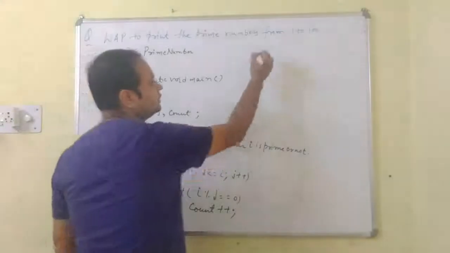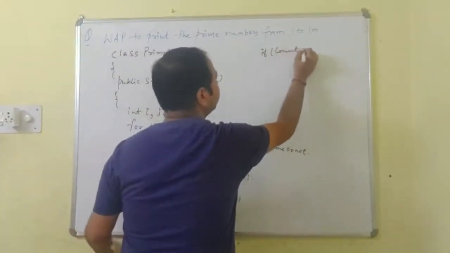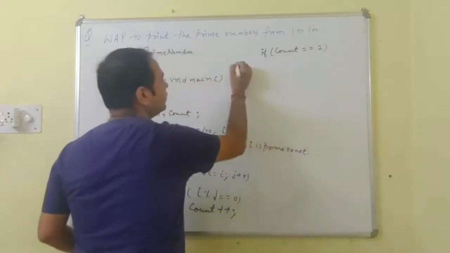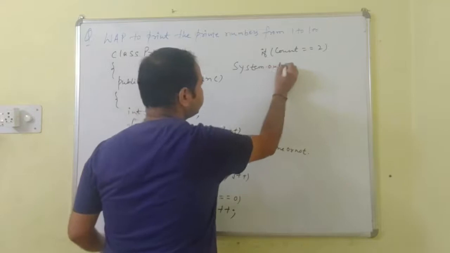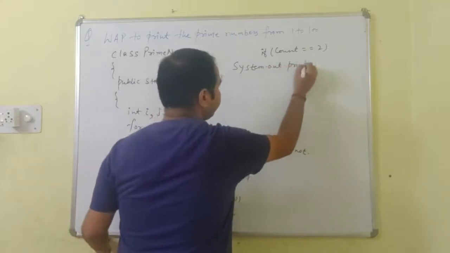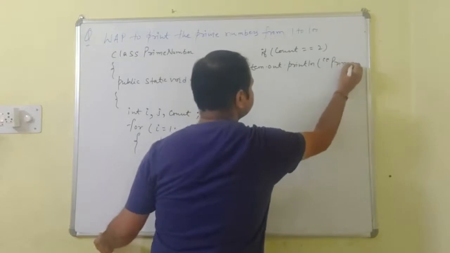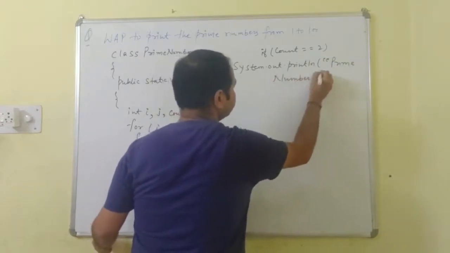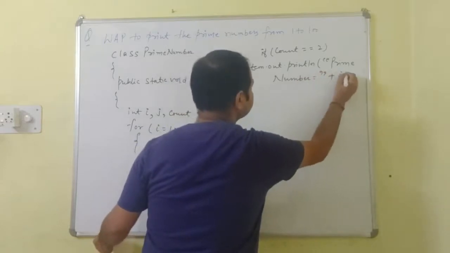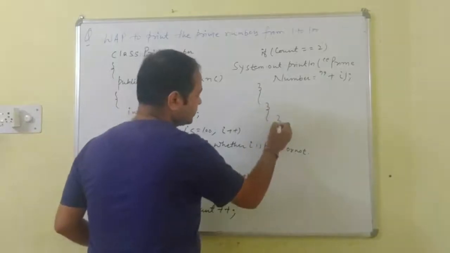Thereafter, in the outer loop we write if count is equal to 2, then we print with System.out.println, in the brackets "prime number is " plus i, meaning that value will be printed as a prime number. Then we close the outer loop, close the main method, close the class.